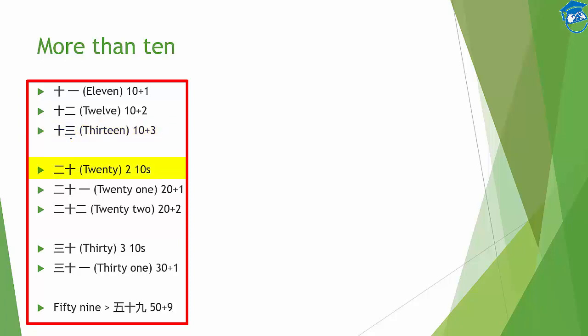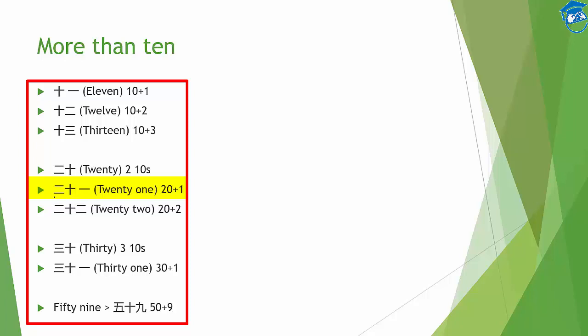What about 20? 20 is 20. It's like having 2 tens, so we call it 20. And then we have 21. If you can see my math here, it's just 20 plus 1, so it becomes 21.